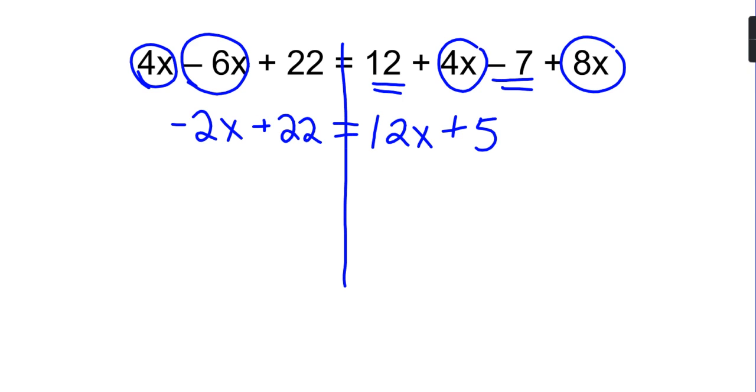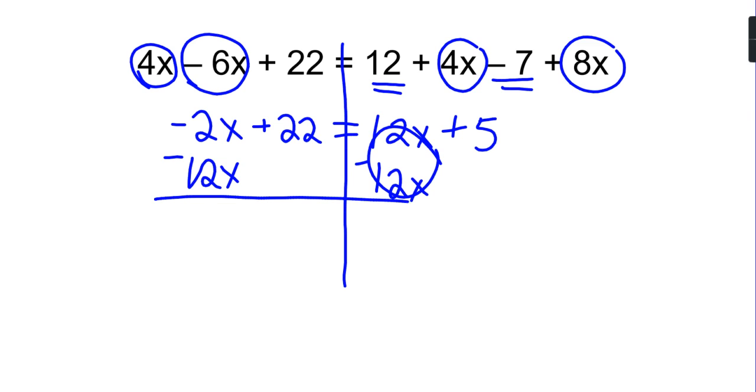So the next thing I want to do is get that variable term away from one of those sides. I only want to have variables or an x term on one side of my equation. So I am going to subtract the whole term 12x. 12x minus 12x is 0. And I'll subtract 12x on the other side as well. Negative 2 minus 12 is negative 14.